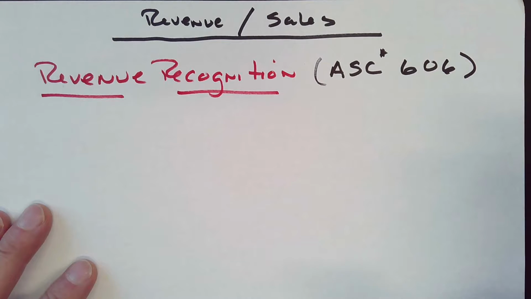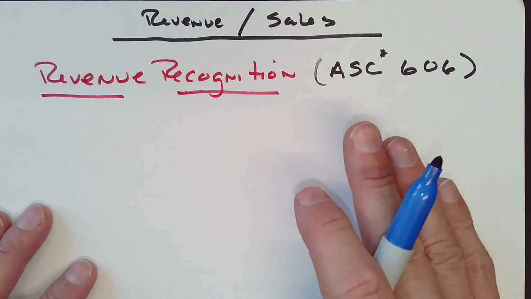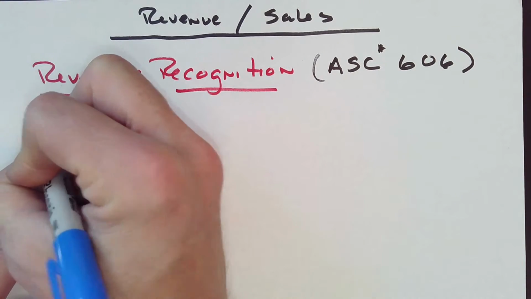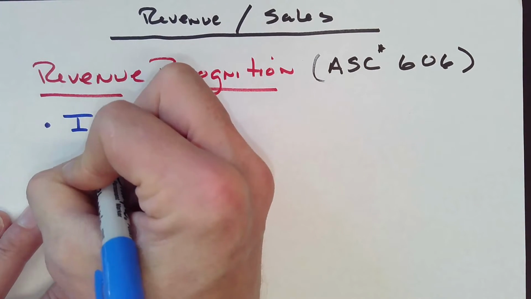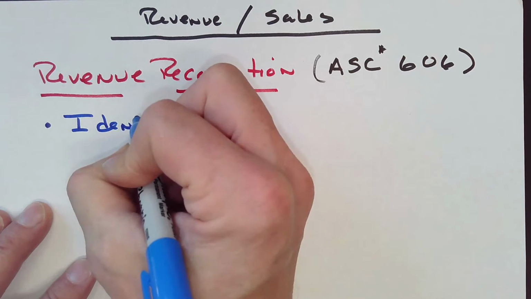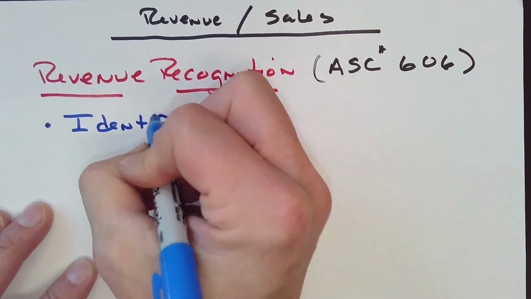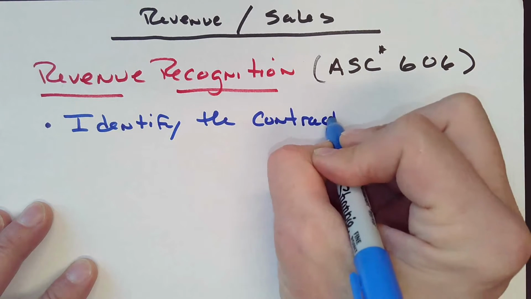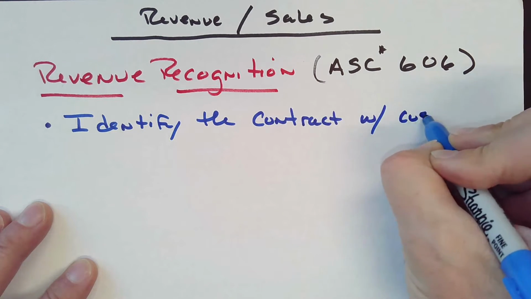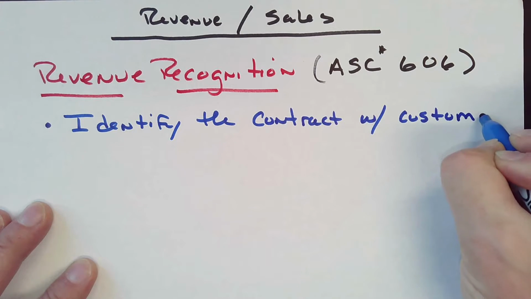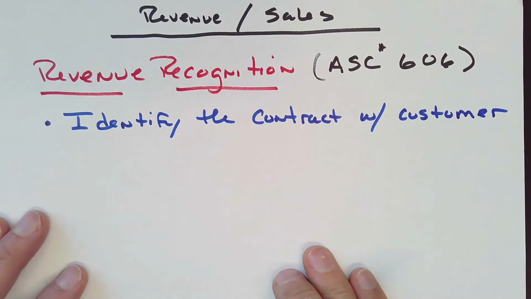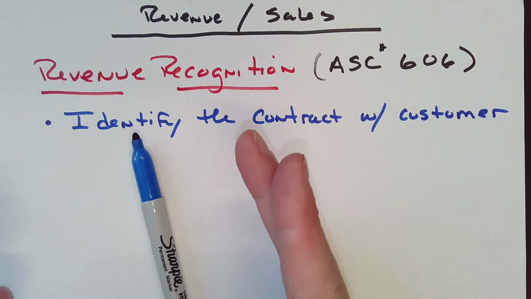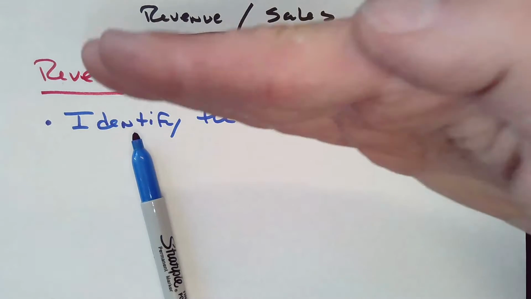So we have to identify, as an organization, the contract with the customer. Now, this can be written, could be a handshake. There's my handshake.